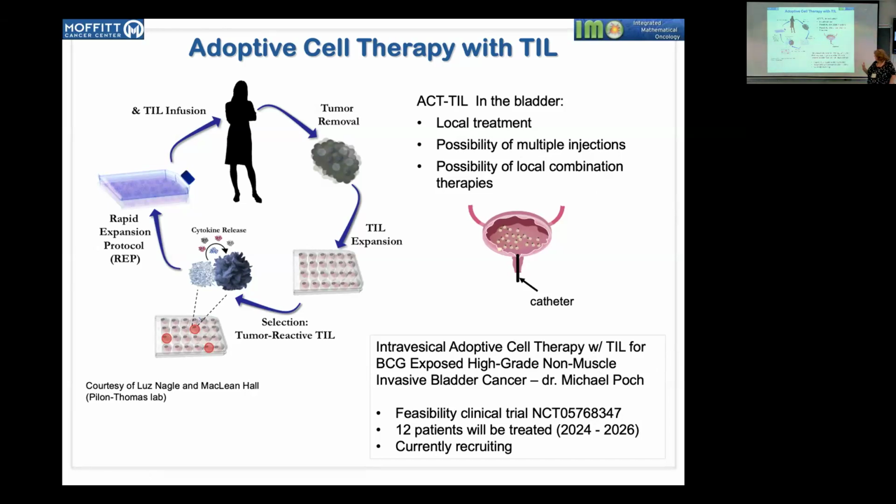So we will have 12 patients over 4 years. Well, it says 2 years here, but it's over 4 years. And then the goal is to see whether injecting the T cells through the catheter into the bladder cancer patients' bladder will be safe.